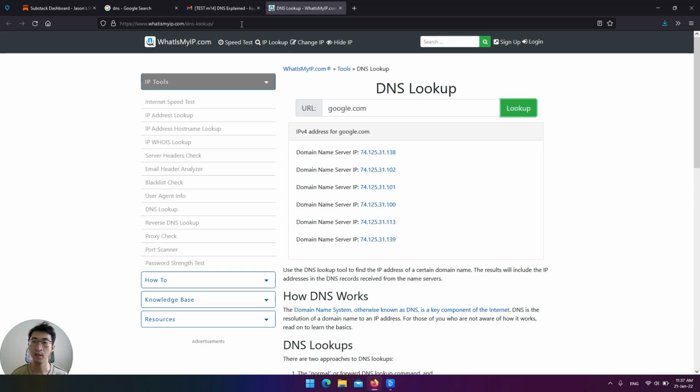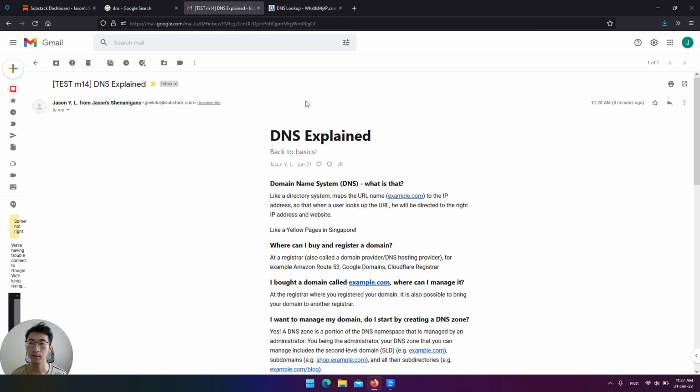That's why the DNS system is a translation from the common names we know, google.com, example.com, to the actual numbering IP address, so that as users, it's easy for us to look up the relevant URL name and be directed to the right IP address and website. A directory book, for example Yellow Pages in Singapore, is a very similar system.